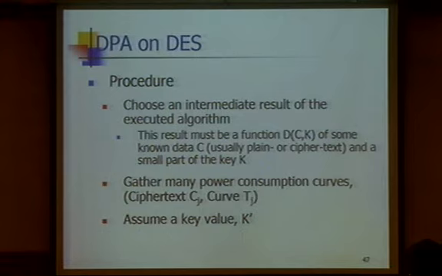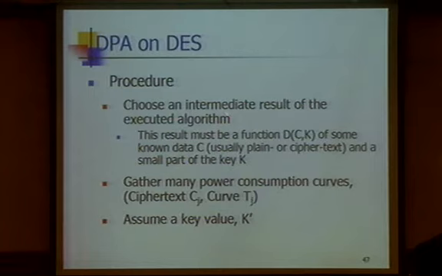Also, the second type of attack is called differential power analysis. This is harder to prevent than SPA. To mount these attacks, the attacker first chooses an intermediate result of the executed algorithm.